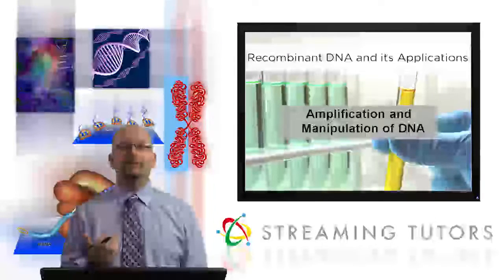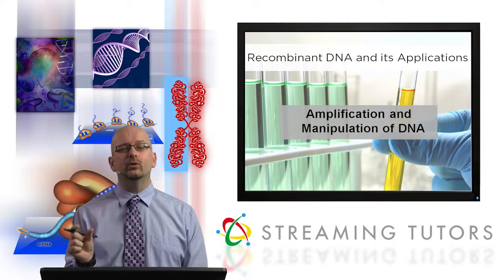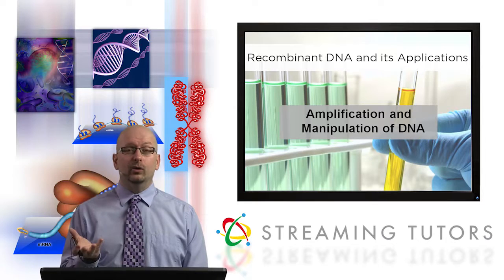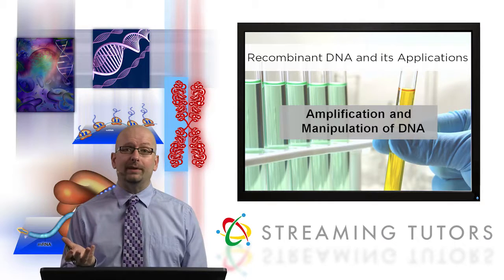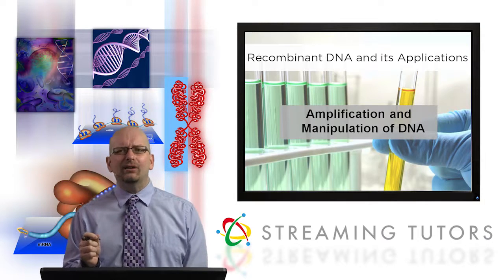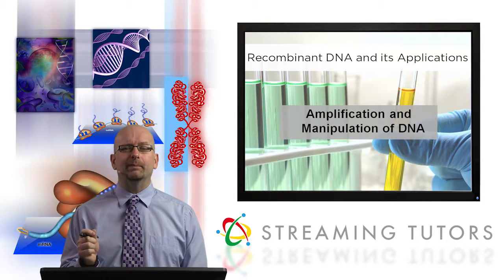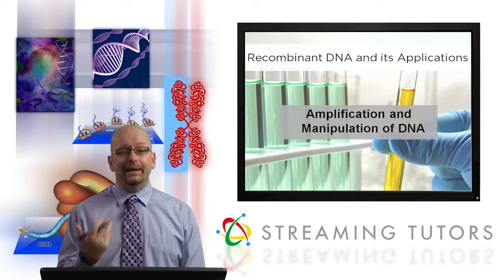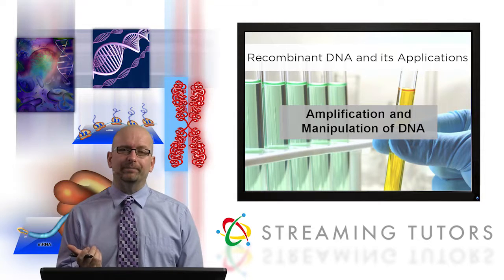In the case of PCR, you're not really creating a recombinant molecule, but you are using primers that you designed and they naturally would not be there. So I guess you're not technically building a recombinant molecule, but you're amplifying it using some of the same types of tools and principles that are used in genetic engineering.